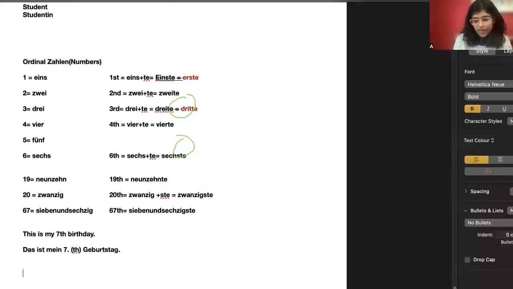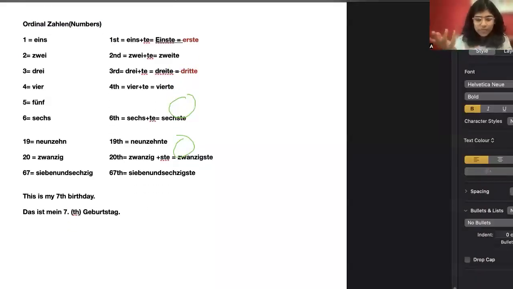Now I'll give you one sentence so that you can understand as well. I have a fifth exam. I is ich, have is habe, and five, I can write with a point like this, Prüfung.